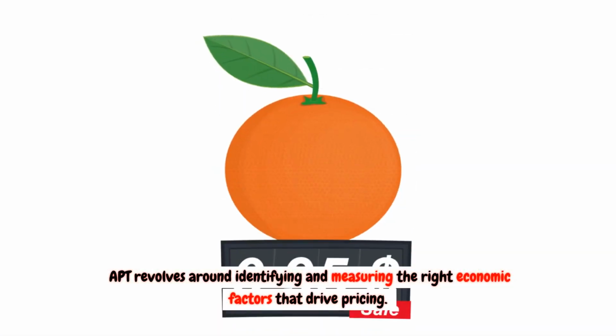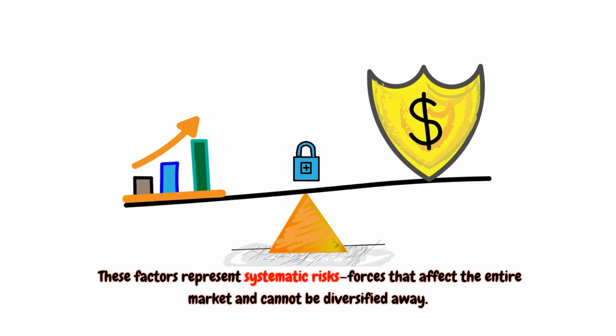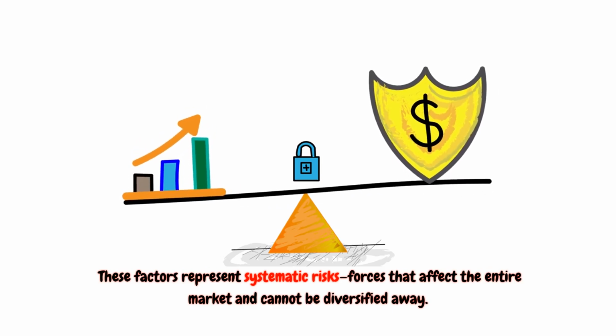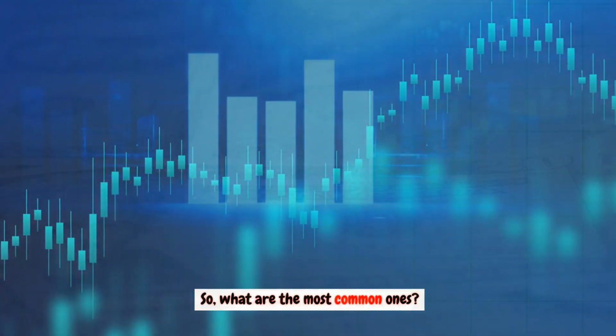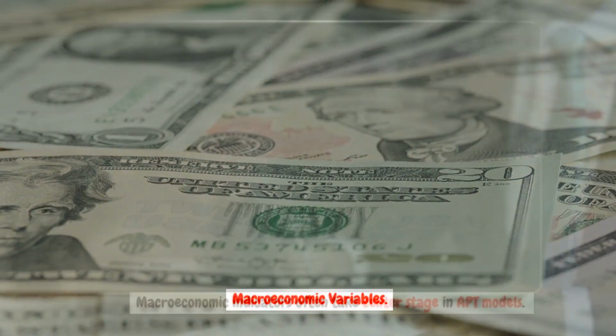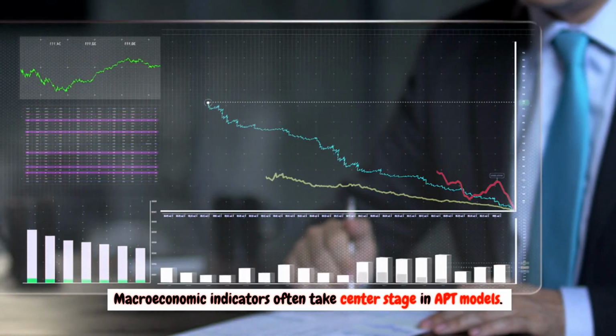Factors affecting asset pricing. APT revolves around identifying and measuring the right economic factors that drive pricing. These factors represent systematic risks, forces that affect the entire market and cannot be diversified away. So, what are the most common ones? Macroeconomic variables. Macroeconomic indicators often take center stage in APT models.